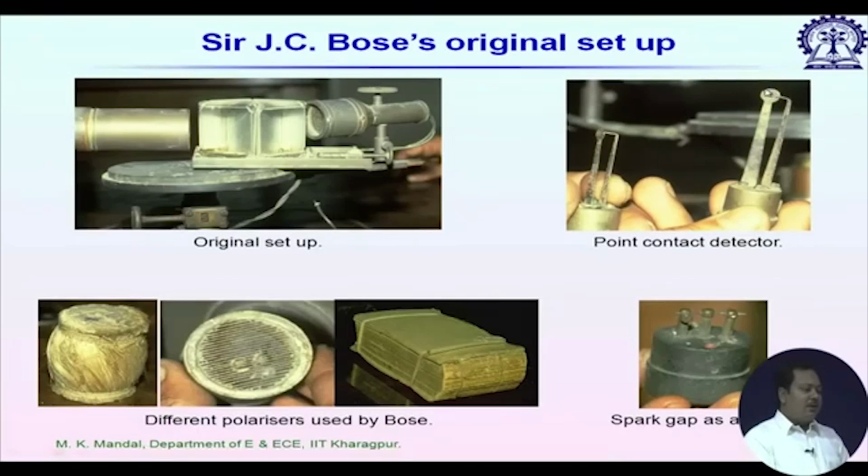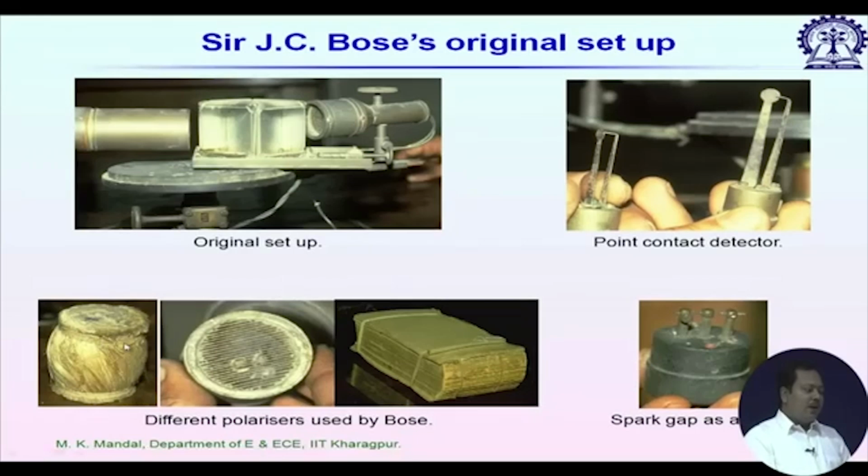It has nonlinear characteristics, almost similar to a PN junction, and when an electromagnetic signal falls on this, it provides DC voltage. By measuring this DC voltage, we can detect the electromagnetic signal. He invented this type of detector a long time back in 1895.